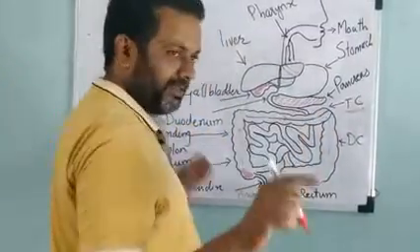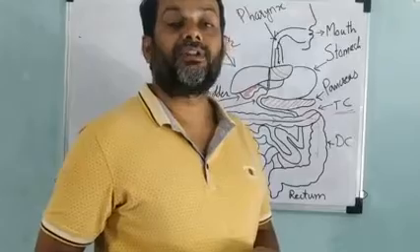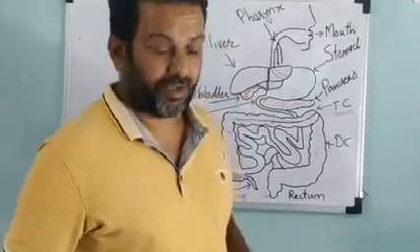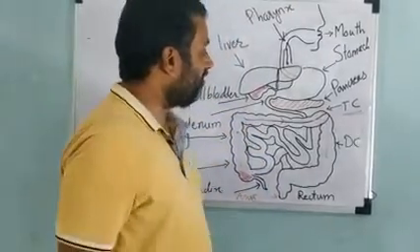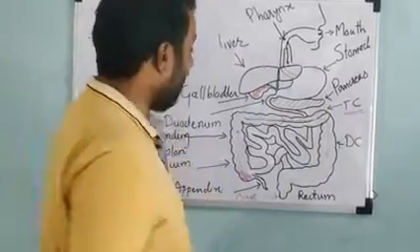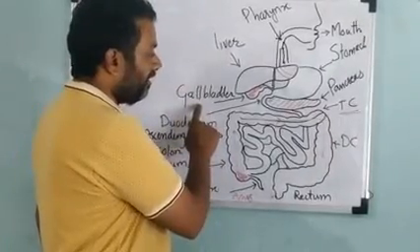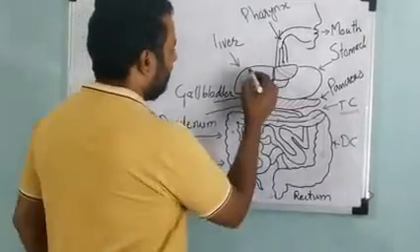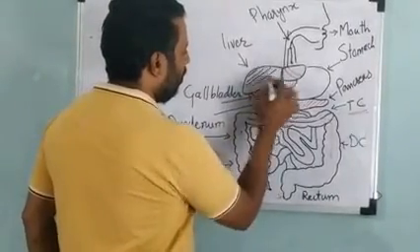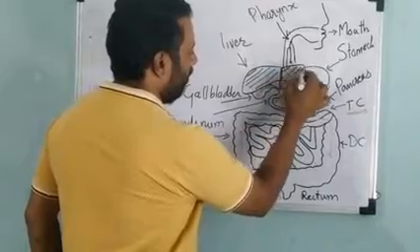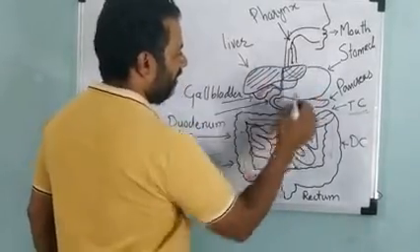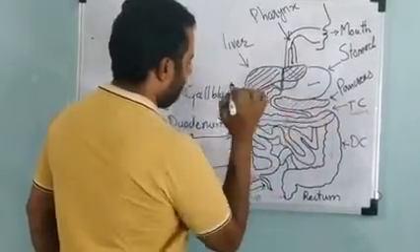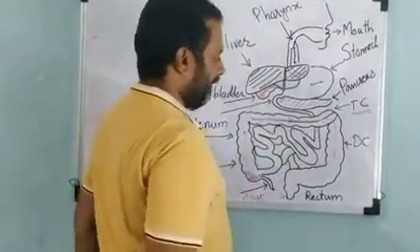In last year's examination it was asked what is the position of the pancreas. So you must know that the pancreas is just below the stomach. And where is the gallbladder? The gallbladder is just below the liver. This is the liver. Our liver has two lobes, one big lobe and one small lobe. So this is the liver, this is the stomach, this is the gallbladder, this is the pancreas.